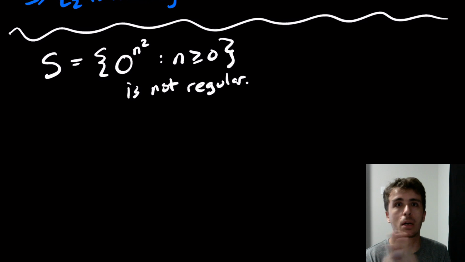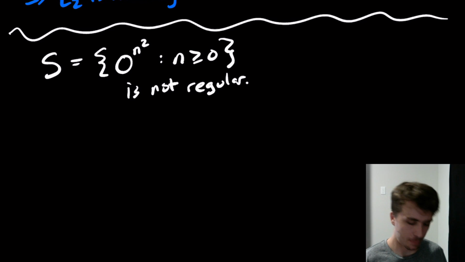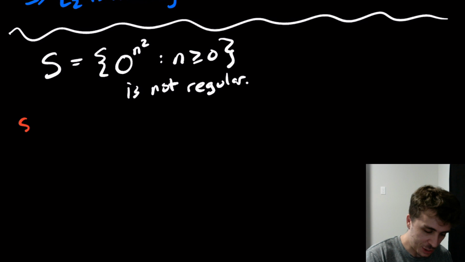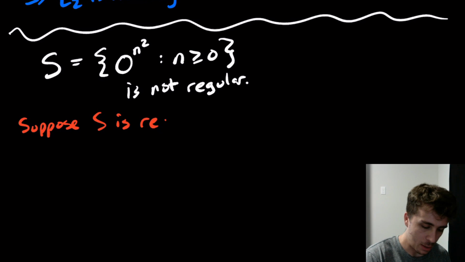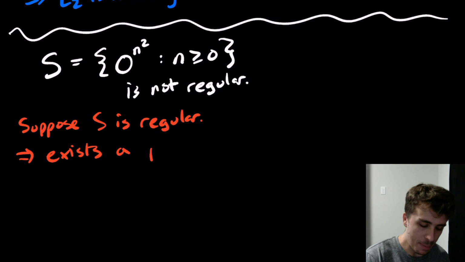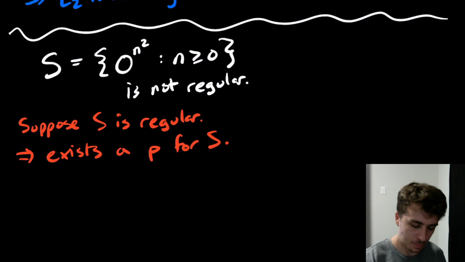There's some cleverness that is done here. So again, let's suppose S is regular. And then we now know that there exists a P for this language S.